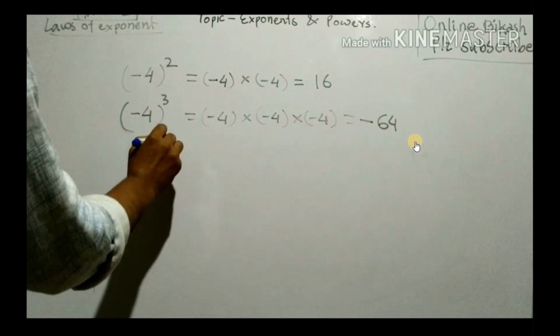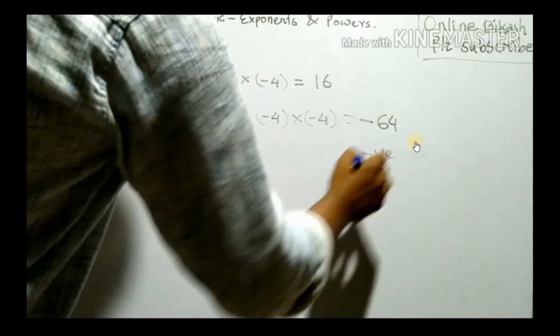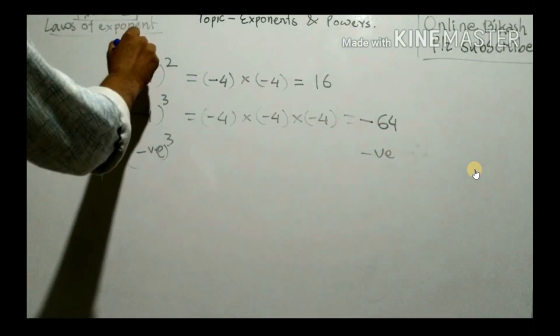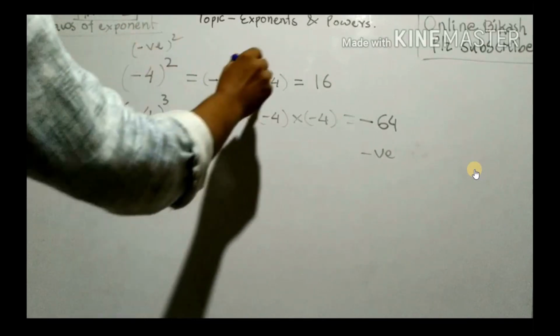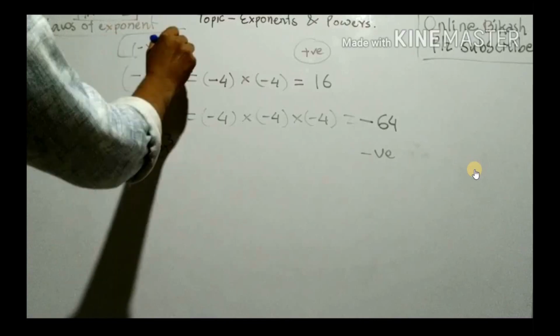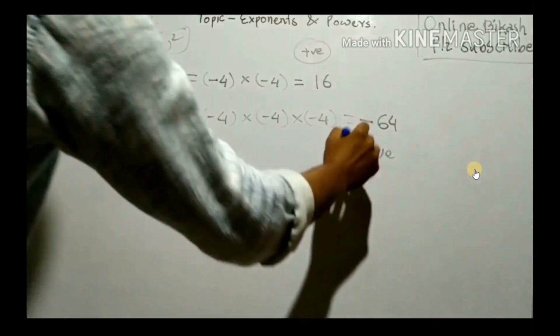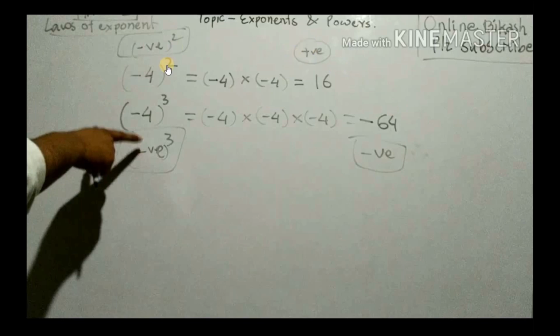Whenever the base is negative and the power is 3, we have got an answer which is negative. And whenever the base is negative and the power is 2, we have got a positive answer.